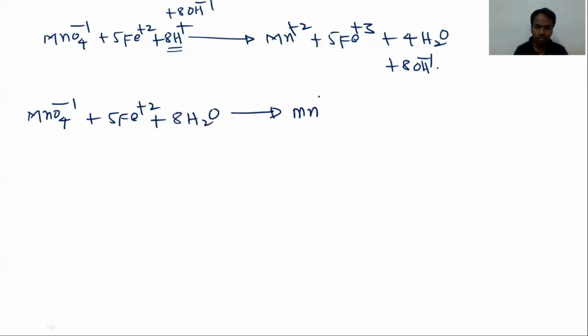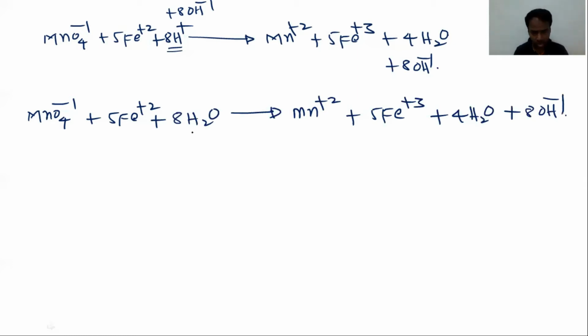So it forms Mn²⁺ + 5Fe³⁺, here 4H2O, then 8 OH⁻. If you observe similar species present on the reactant side and product side, they will get cancelled. So out of 8, 4 molecules get cancelled.